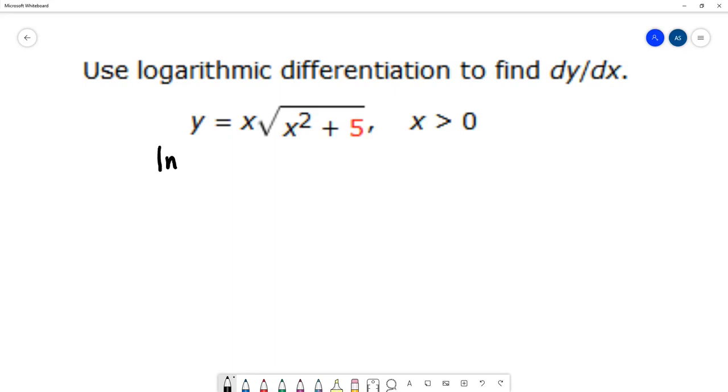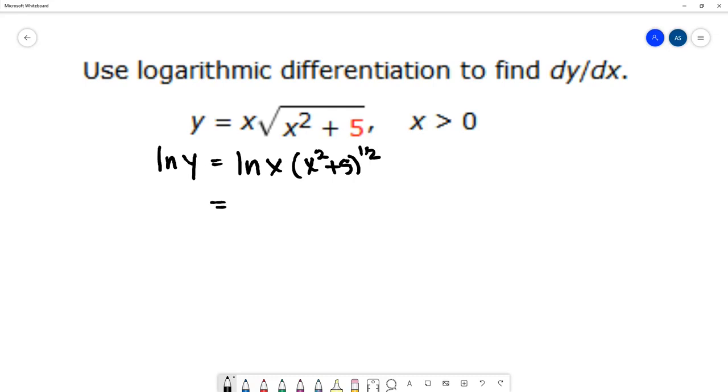Right now we're doing the log. We're going to take the log on the left and take the log on the right. I'll go ahead and rewrite this radical as a power. That's x squared plus 5 to the 1/2 power. Now introducing the log allows us to use the log properties to expand this logarithm.